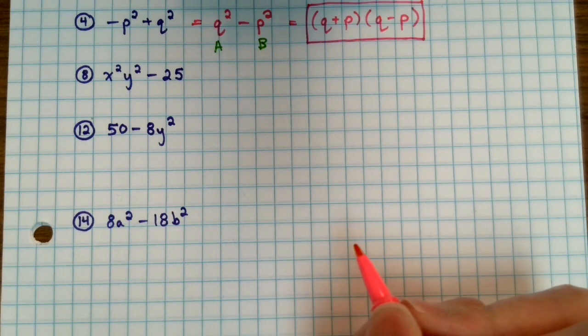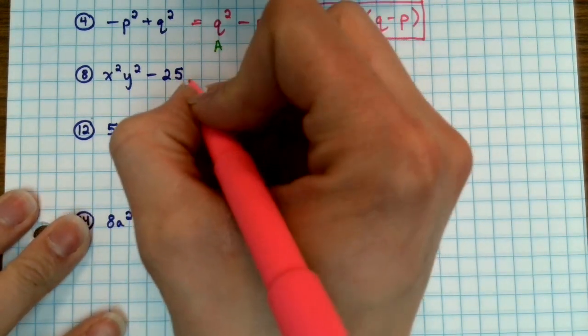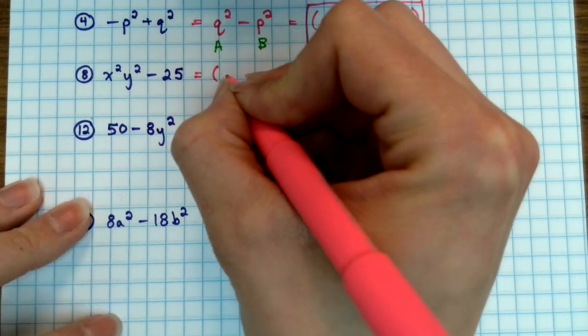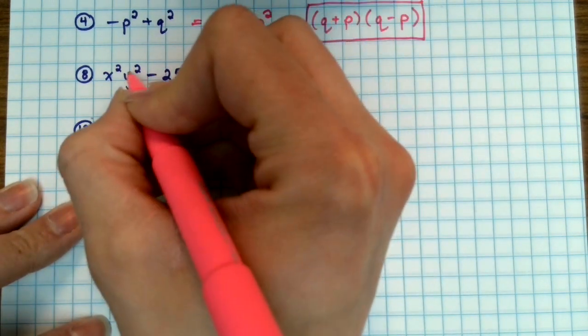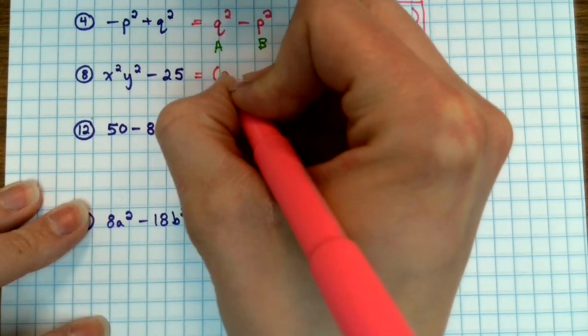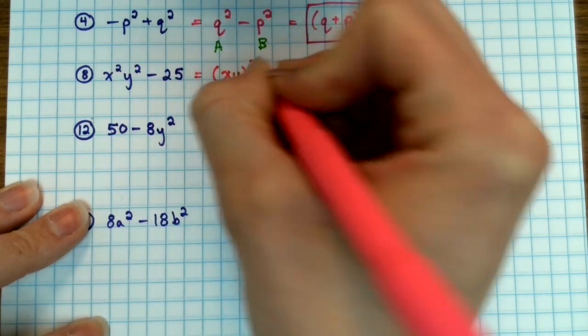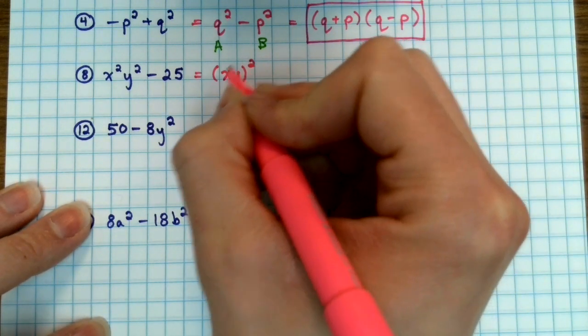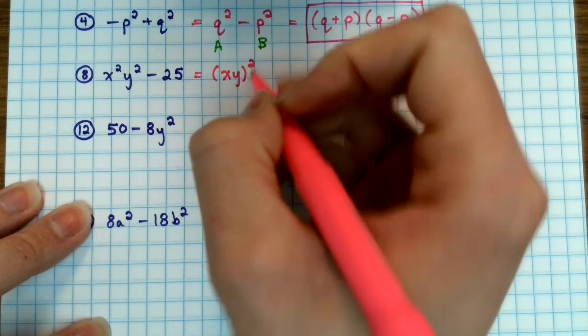Number 8 is the next example out of the textbook again, x squared y squared minus 25. This is another one where it is a difference, but we can't easily see what our a and b values are. So we can rewrite this so that it looks like we have some quantity squared minus another quantity squared. X squared y squared is the same as xy to the second power, because if we use our rules for exponents, this would turn into x squared y squared.